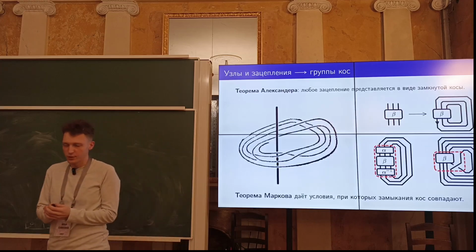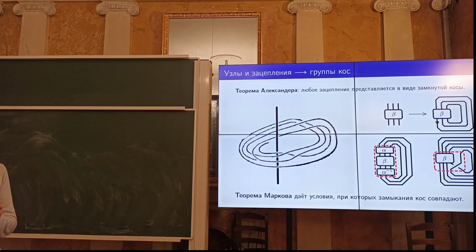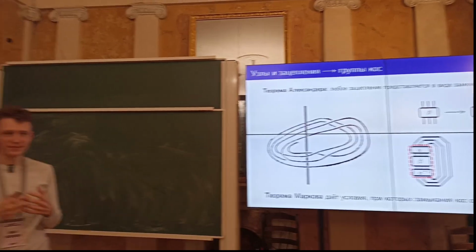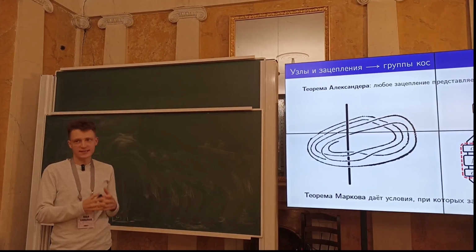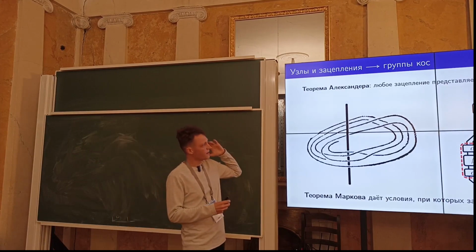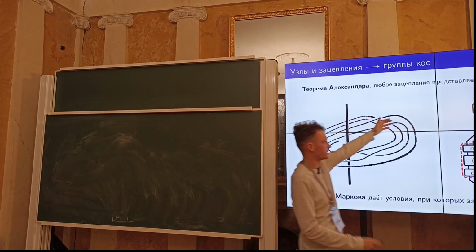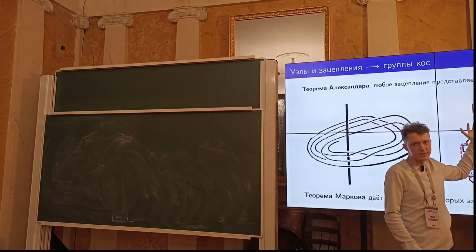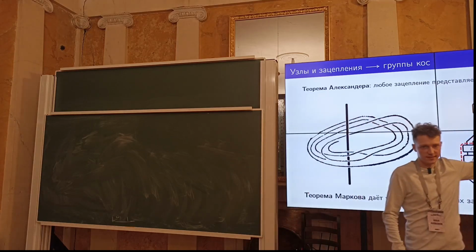Let me briefly remind you the main connector between braids and knots. Namely, the operation of the closure, Alexander's closure, that maps braids to knots and links.